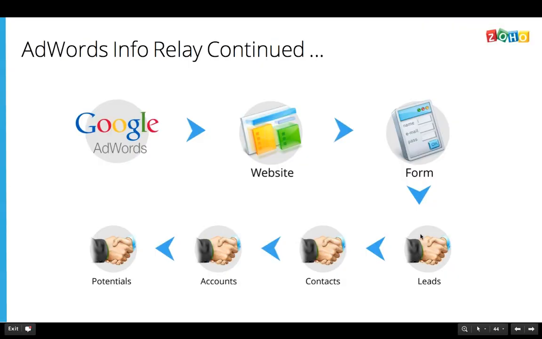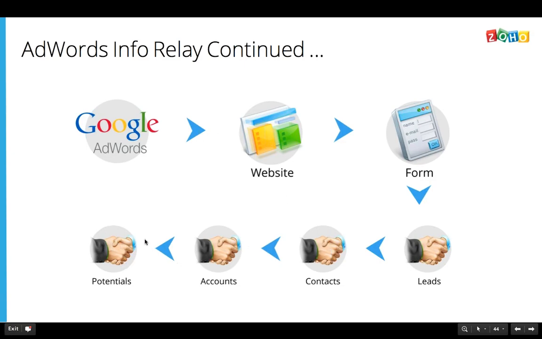Now the information flow happens not just on the leads module, but through the leads module to the contacts module, the accounts module, and to the potentials module. So the information relay continues through the CRM system till the logical conclusion that the sale is closed.